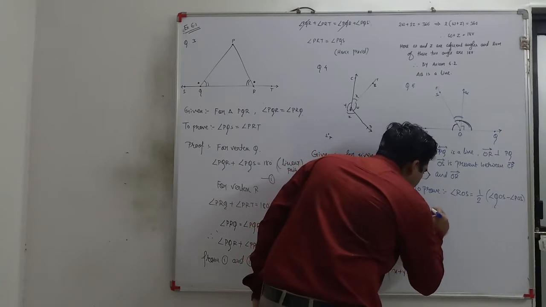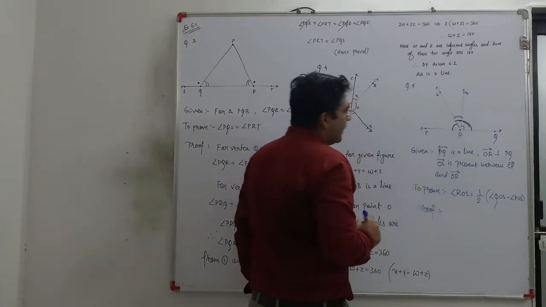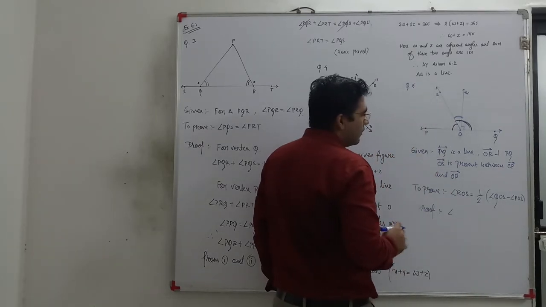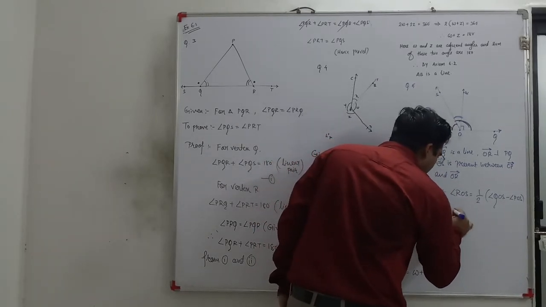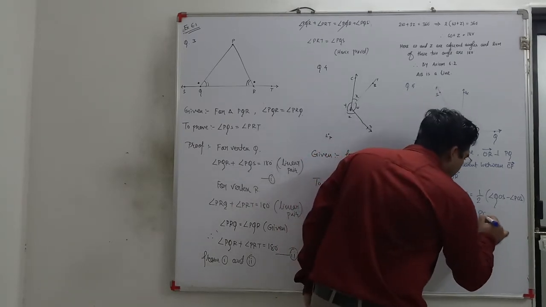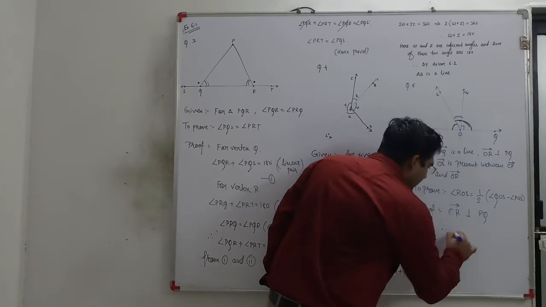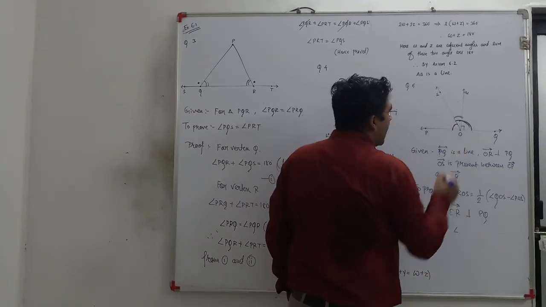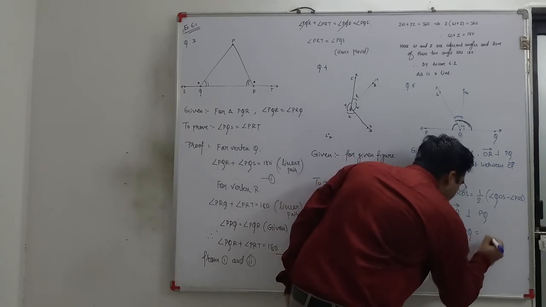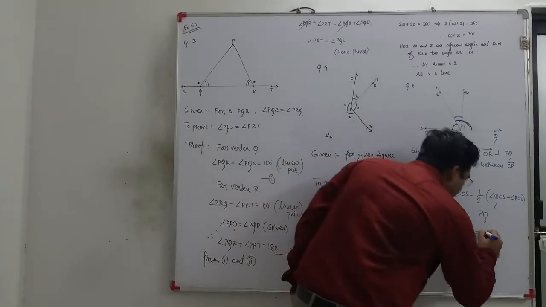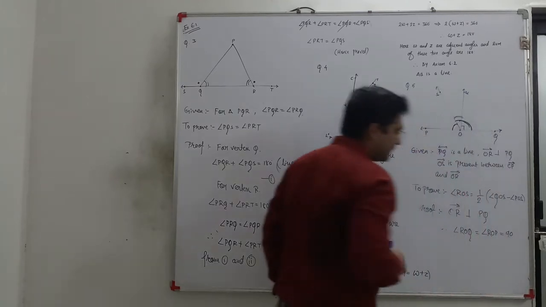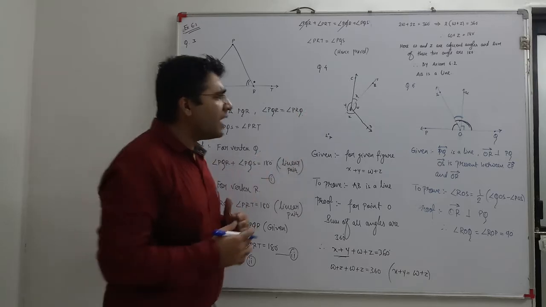For a proof, what we can say is that OR is perpendicular to PQ. Therefore angle ROQ is equal to angle ROP is equal to 90. Okay, what is ROP?